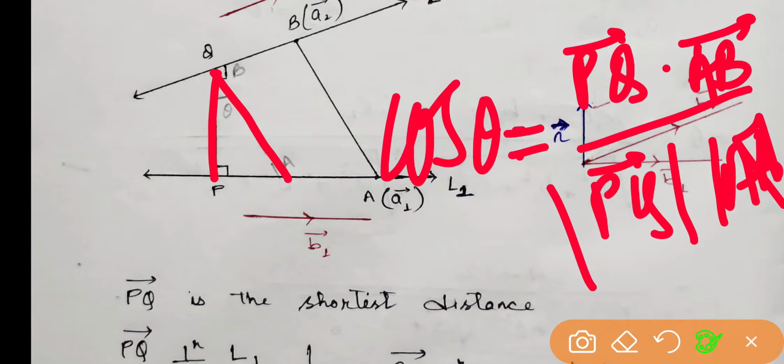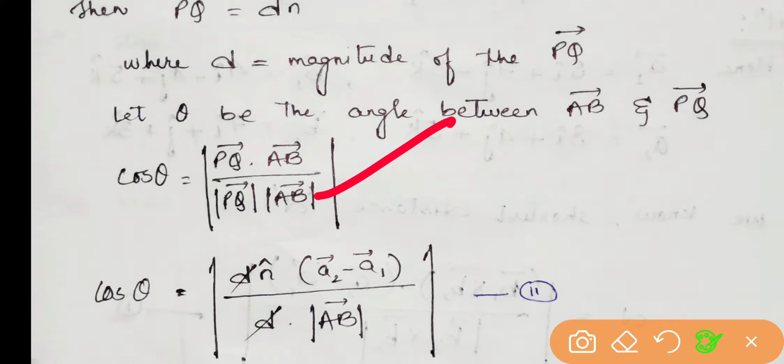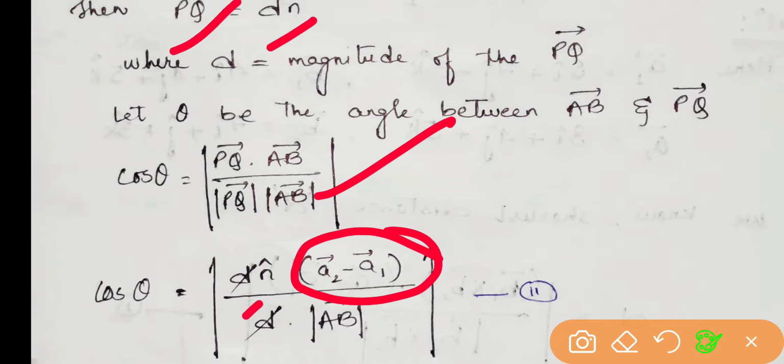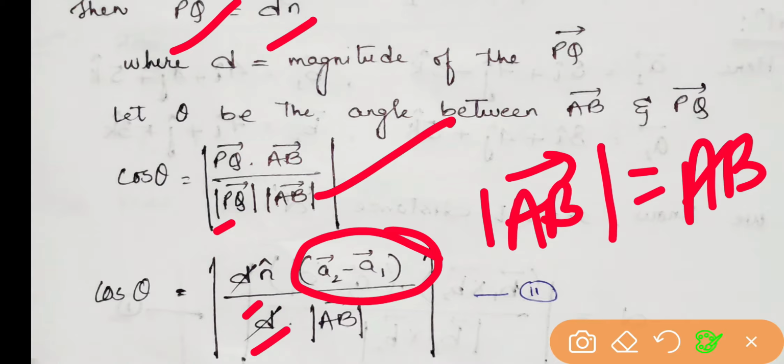See what I have written. AB we already found is A2 minus A1, and PQ is d times n cap. The magnitude of PQ is d, and the magnitude of AB, since we have not denoted it by anything, we'll just write AB, the length.